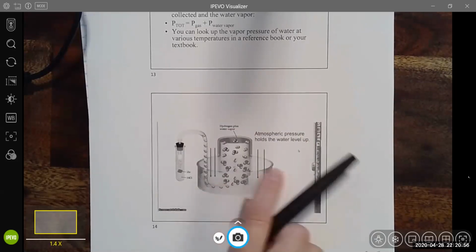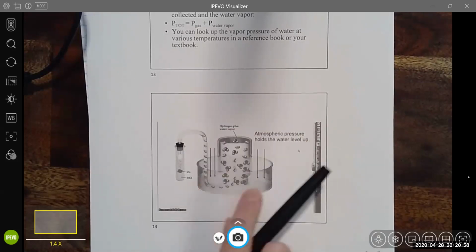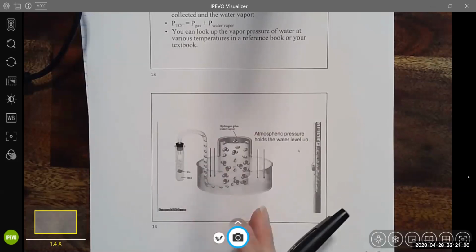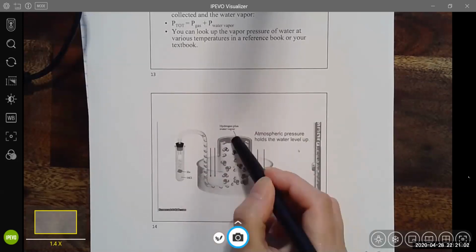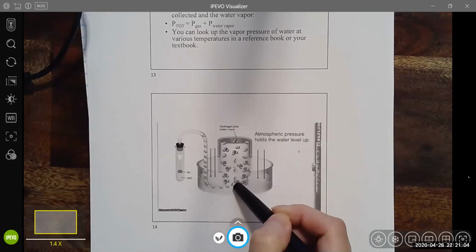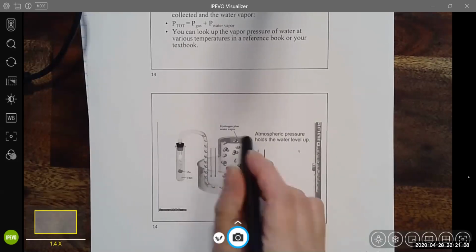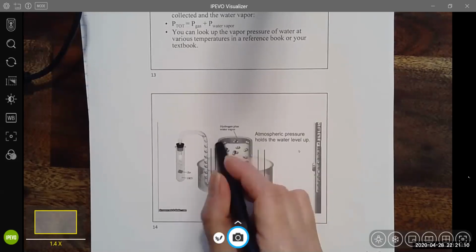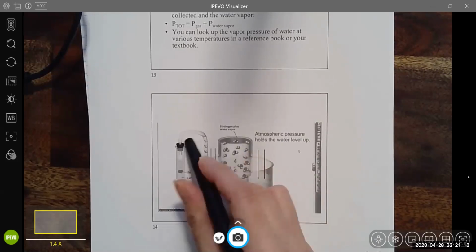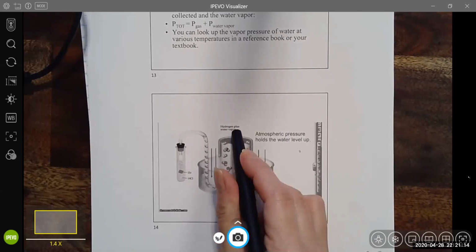So this is a container of water here, this like pool of water. And what that does is, by filling the container with water, there's no air in the container to start with. So now when you turn it upside down, there's no outside air in there. The only gas that can be up here is going to be mainly the gas you generate.